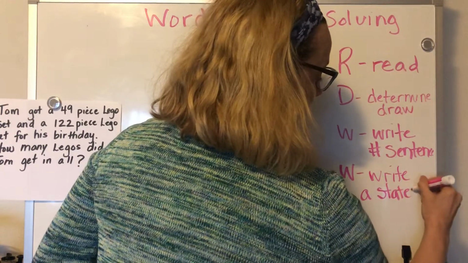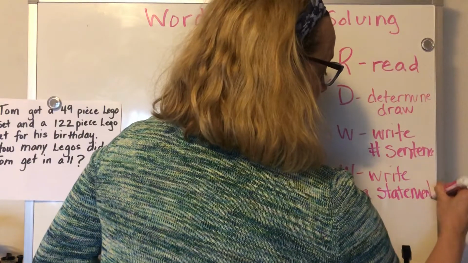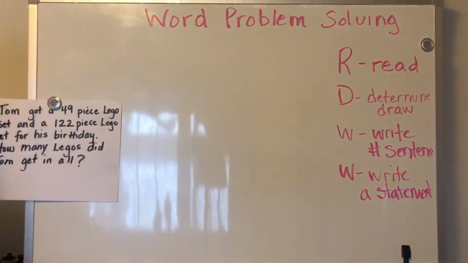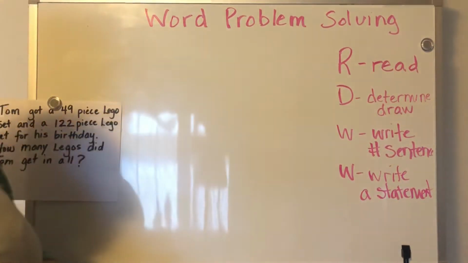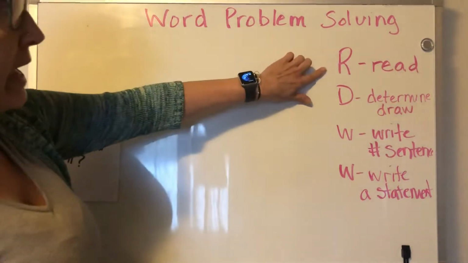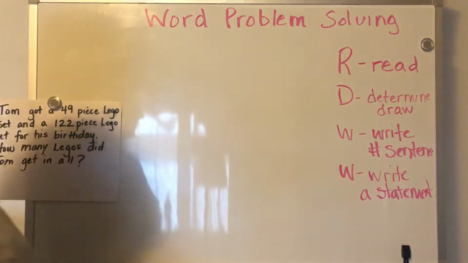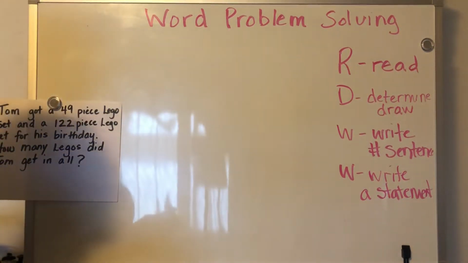So this is a process that we use to solve word problems. So we call it the RDW times 2 in Mr. DeJordy's classroom. And this is the process, the set of steps that we use when we go to solve problems.